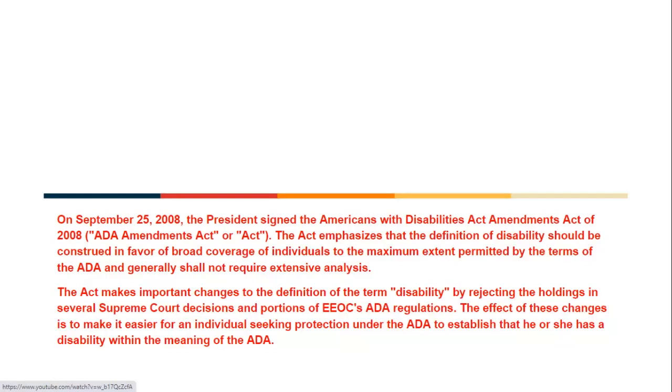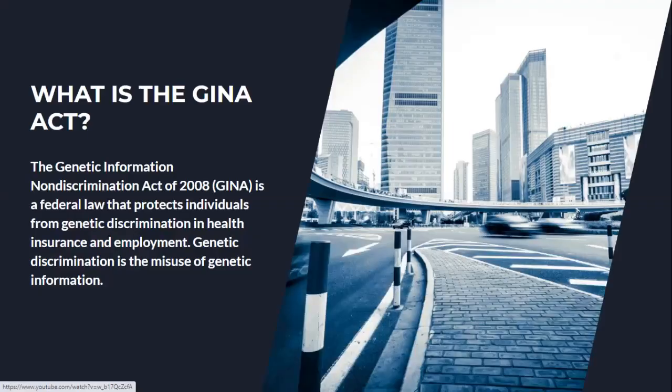The Act makes important changes to the definition of the term disability by rejecting the holdings in several Supreme Court decisions and portions of the EEOC's ADA regulation. The effect of these changes is to make it easier for individuals seeking protection under the ADA to establish that he or she has a disability within the meaning of the ADA. That's a lot of words, I know.